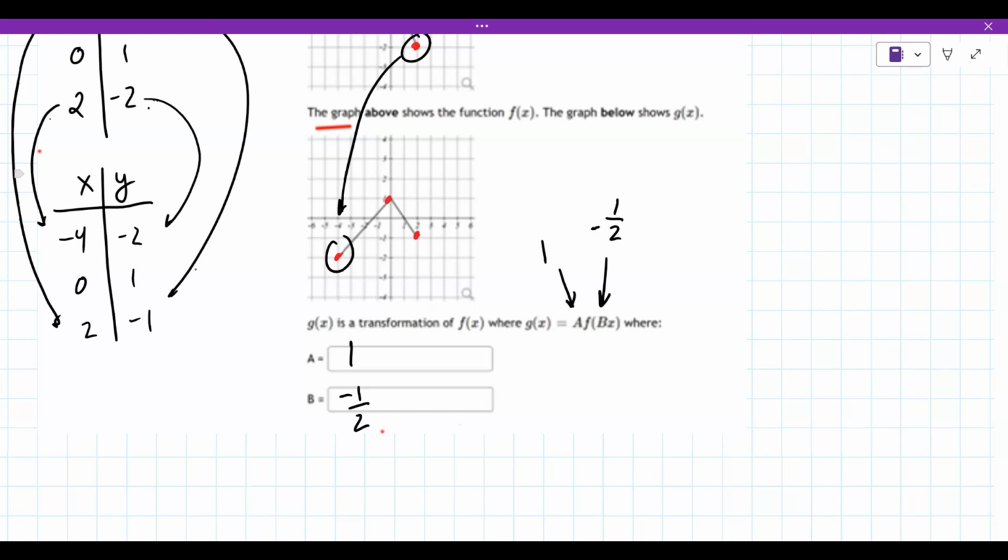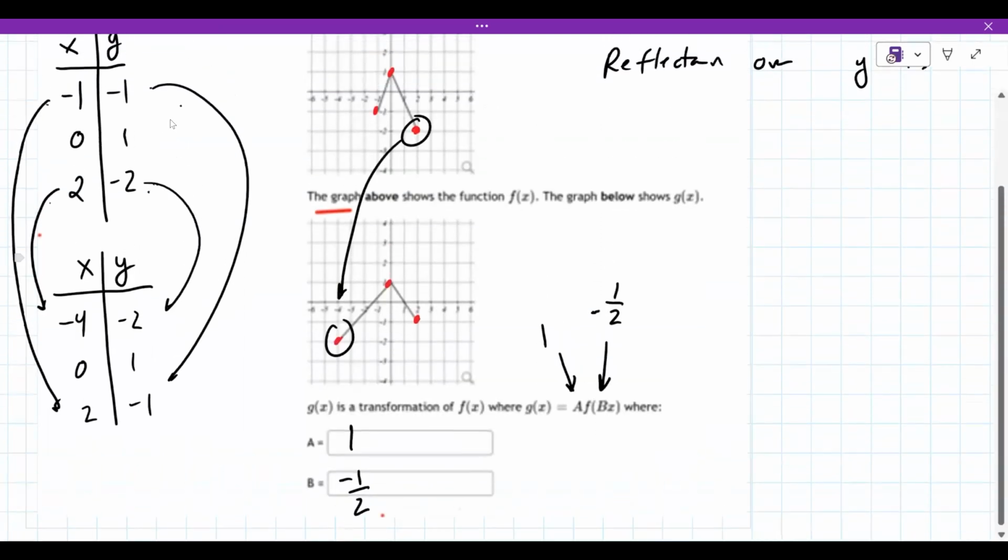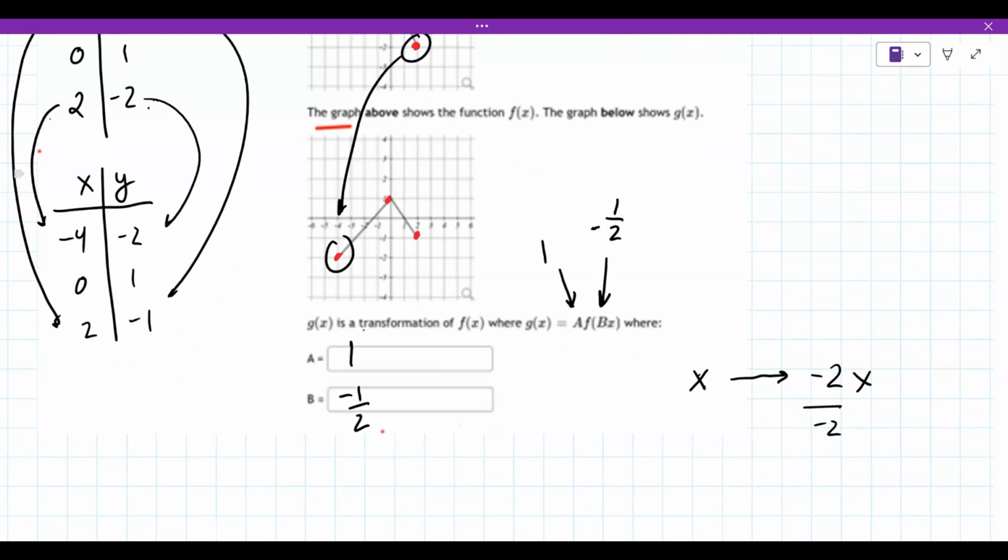So from -1 to 2, we have to multiply b of x by -1/2. What happens is your x values become -2 times your x values, but you undo it by dividing by 2, do that on both sides and it becomes -1/2. Kind of going reciprocal.